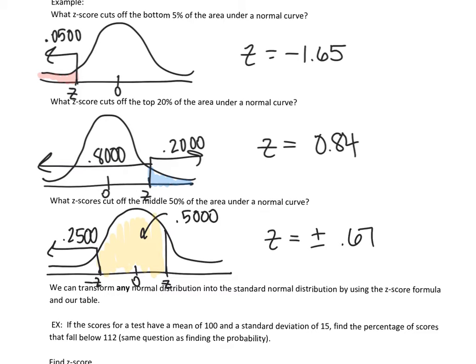So 0.2500 below, for a negative, means I'm also going to have a positive 0.2500 above. So plus or minus 0.67 is going to be my z-scores, because when I use the positive 0.67 and subtract negative 0.67, I'm going to get the middle 50%.